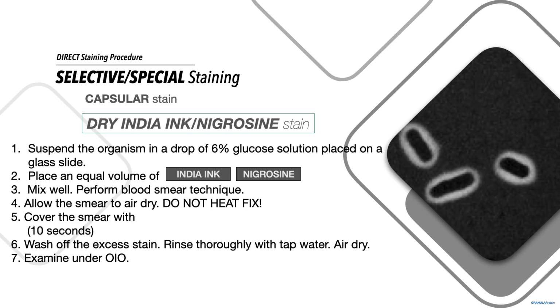And then, you cover the smear with another stain, and that is your safranin. After covering the smear with safranin for 10 seconds, we wash off the excess stain, we rinse it with tap water, and then we air dry, and then, like all bacterial samples, we examine it under the oil immersion objective. And that is what's gonna be seen under the microscope, guys.